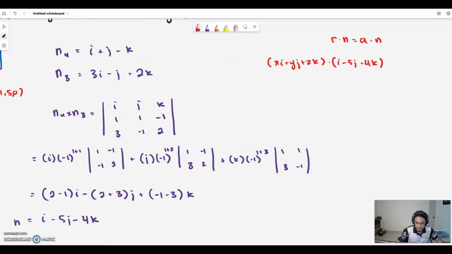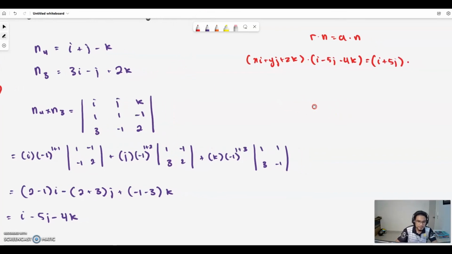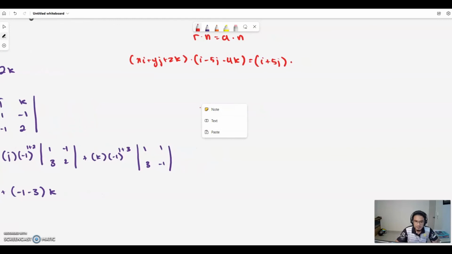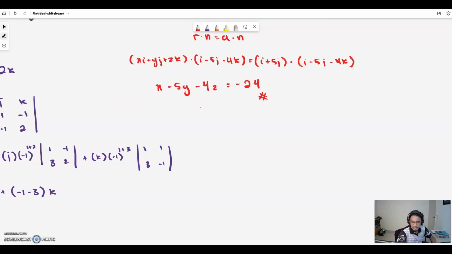Then it will be equal to point B turned into vector, i plus 5j, dot i minus 5j minus 4k, and now we have x minus 5y minus 4z equal to negative 24. So that is our equation for the plane P2.